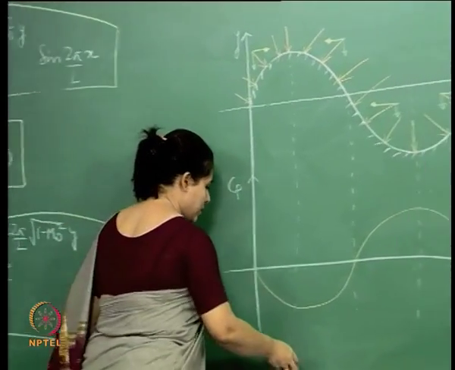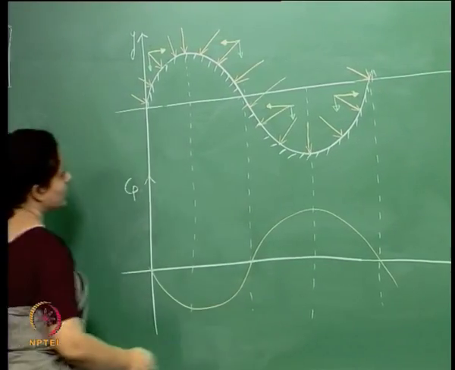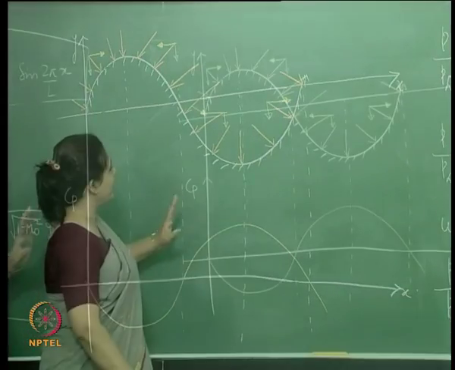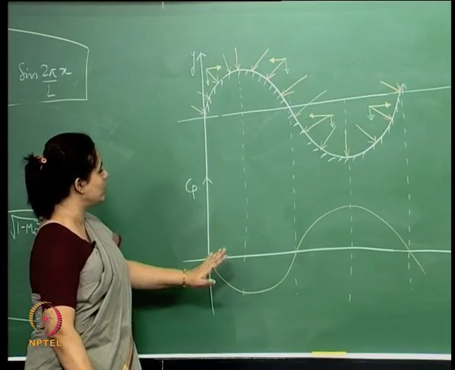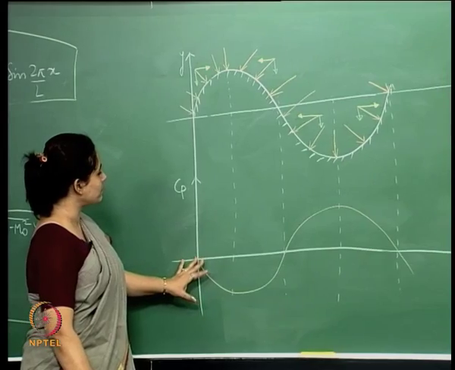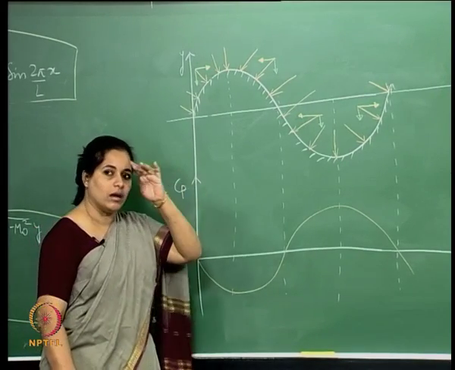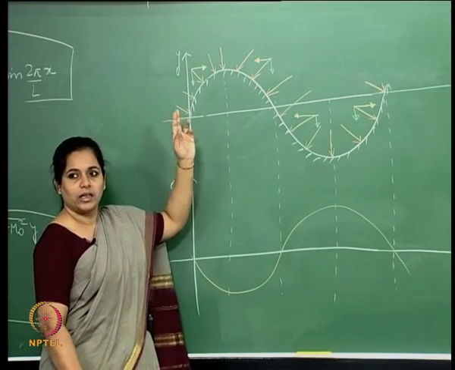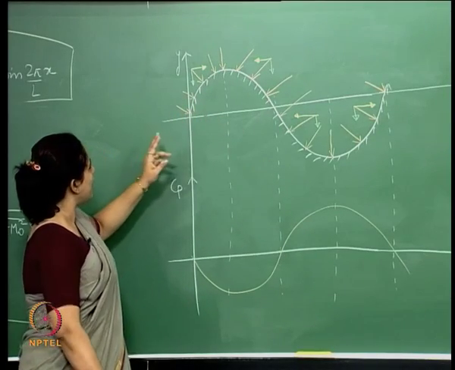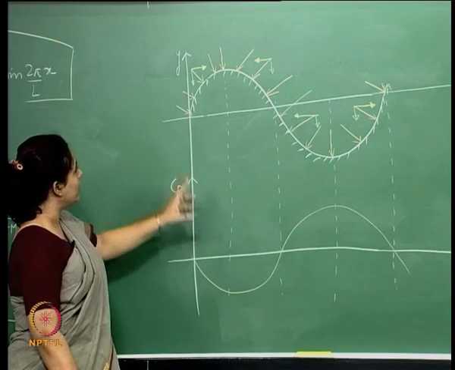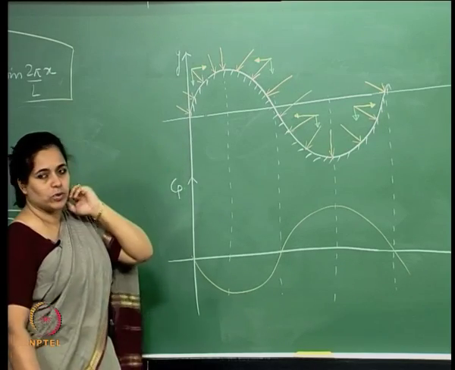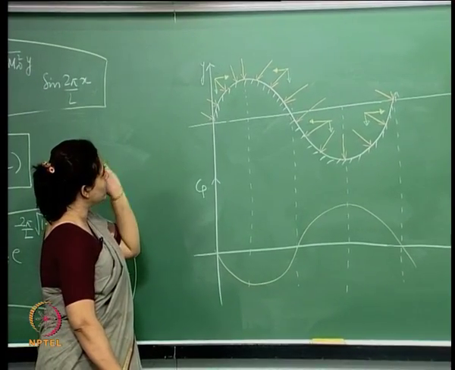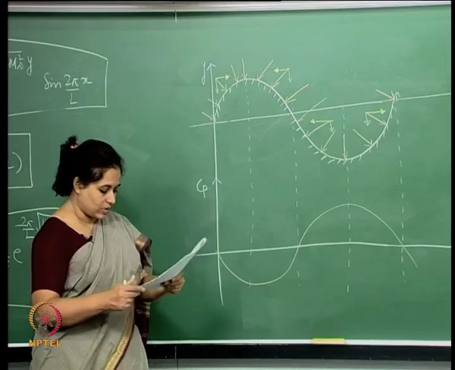So, as you see, we have this kind of pressure distribution, which has a 180 degree phase lag with respect to the given wall. Okay. And so what we see from here is that it is a symmetric distribution, as a result of which the horizontal components cancel out, right.